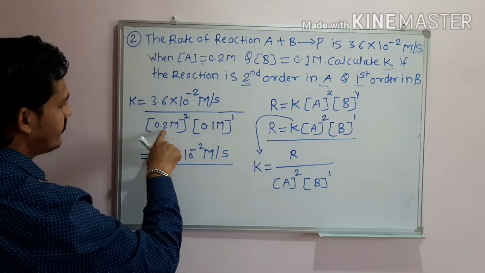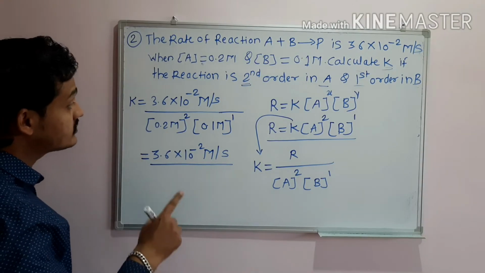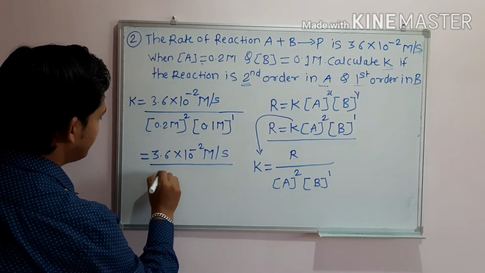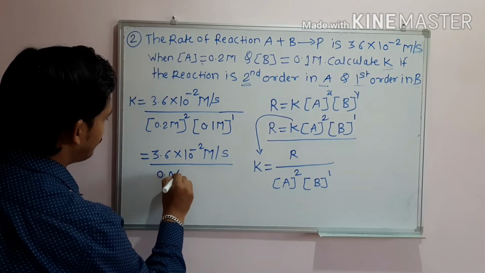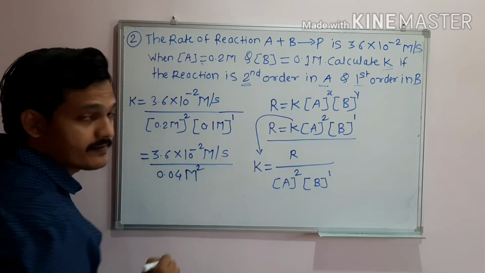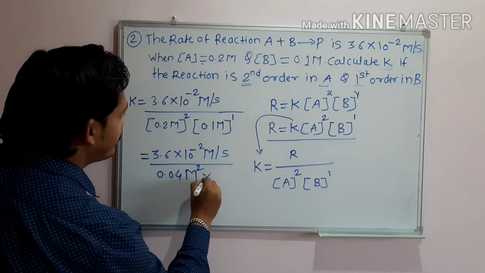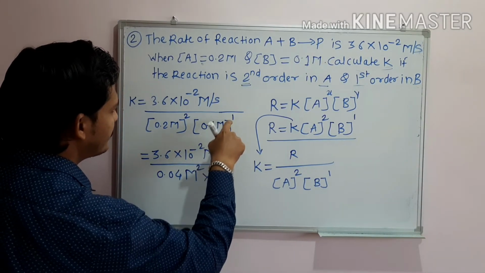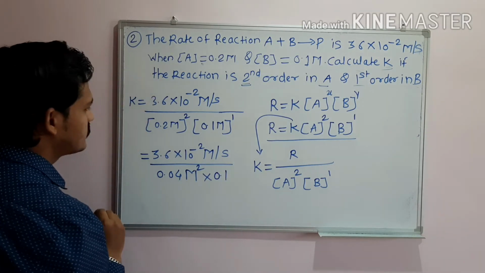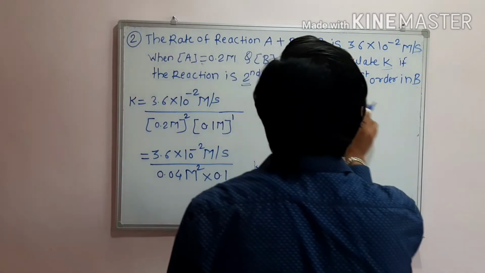Then 0.2 squared, so 0.2 into 0.2, that is 0.04 M square, molarity square. Into 0.1 to the power 1, that is 0.1. Okay, so what is our next step to write? So I am writing here.